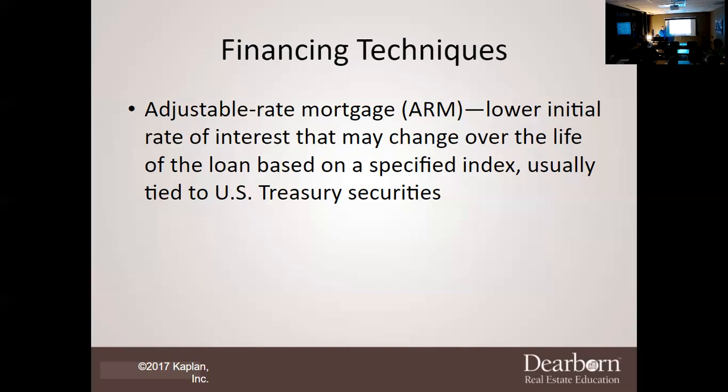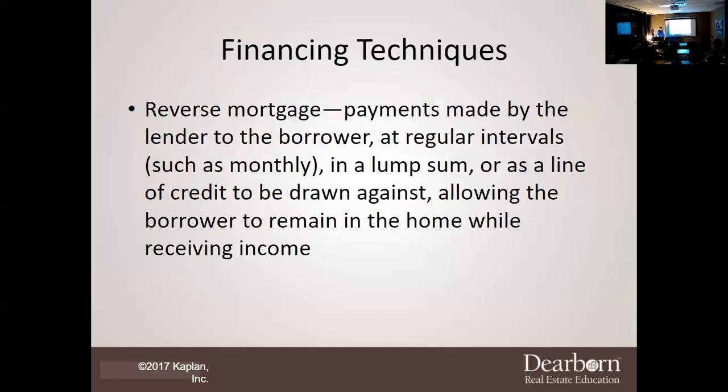He basically lost that house. Okay? So it is where the lower initial rate of interest may change over the life of the loan, and it's based off a specified index, usually tied to United States Treasury securities. So if they go up, guess what happens to your payment? It goes up. Okay, that's how it works.